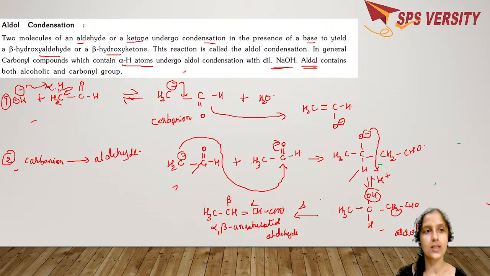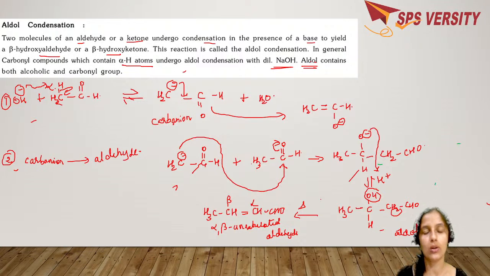So this is a base catalyzed reaction. In the presence of a weak base, which will remove a hydrogen, not a proton, that is an alpha hydrogen from the aldehyde, resulting in the formation of a carbanion. Then this carbanion will go and attack one more aldehyde, resulting in the formation of aldol, which on heating loses a water molecule, resulting in the formation of alpha beta unsaturated aldehyde.